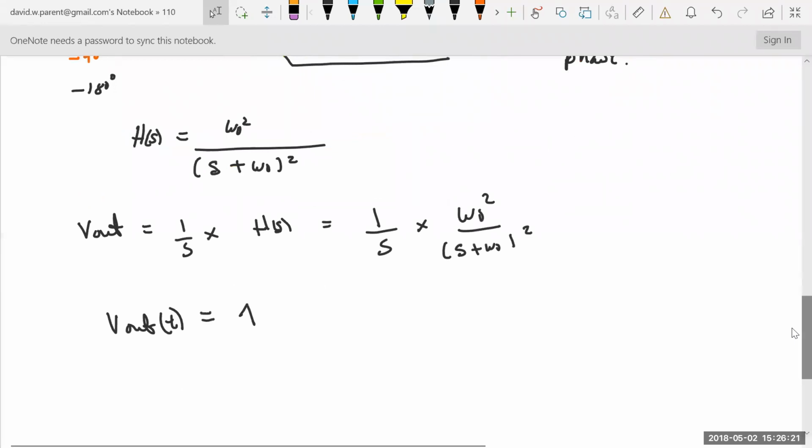So everything is exponential decay. So everything goes to 0. This is a low pass filter. So if I put in 1, eventually I should get 1. Well, there's my 1. Then I'll have 1 exponential decay here.